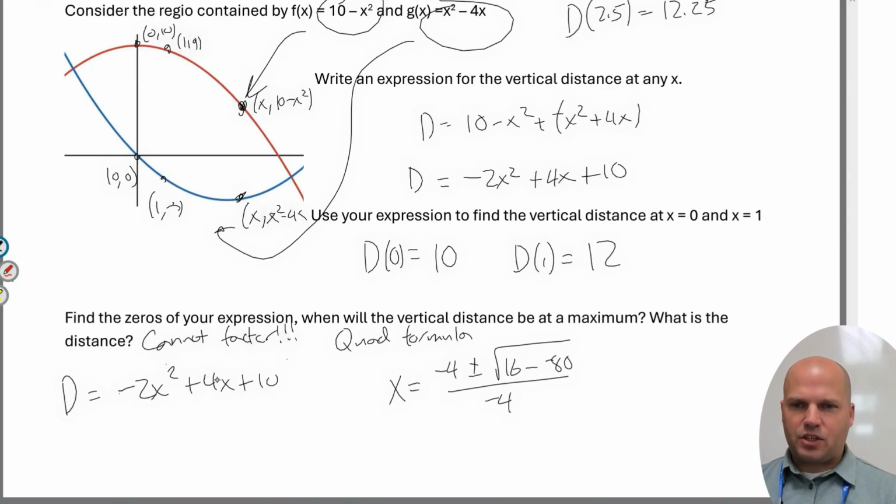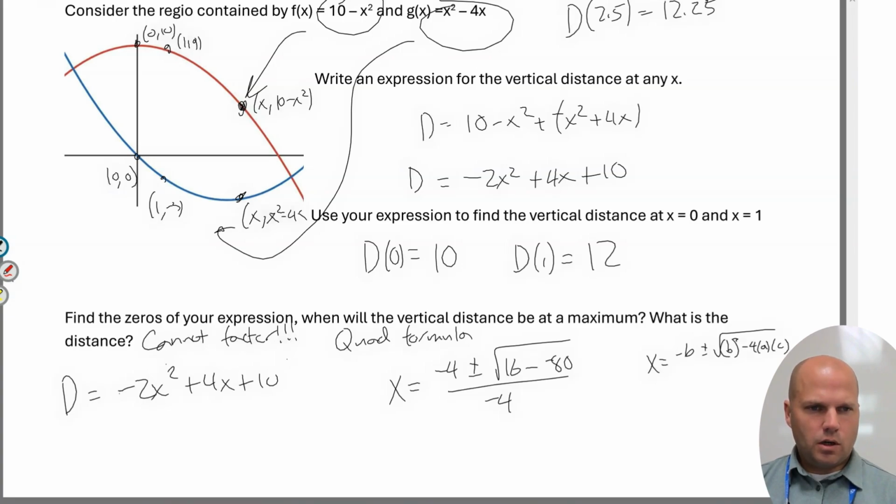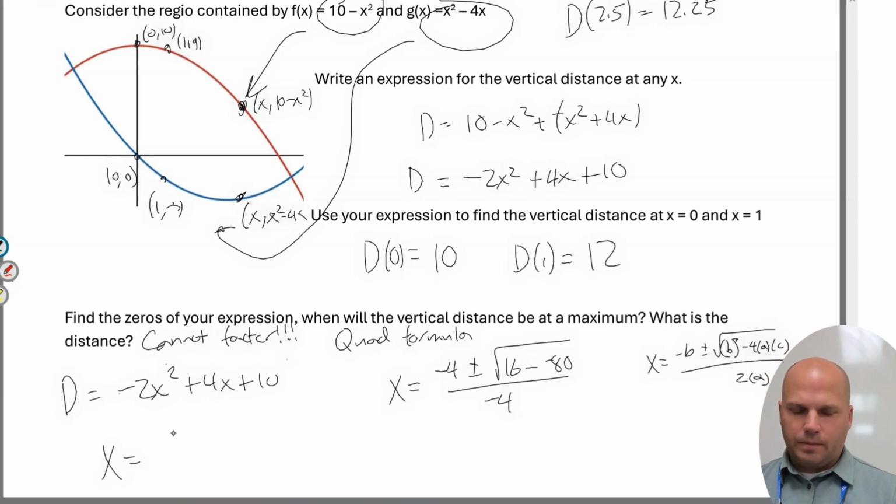So x equals negative b plus or minus square root of b squared minus 4ac all over 2a. Great. 16. 4 times negative 2 times 10. So I get x equals negative 4 plus or minus the square root of 96 over negative 4.